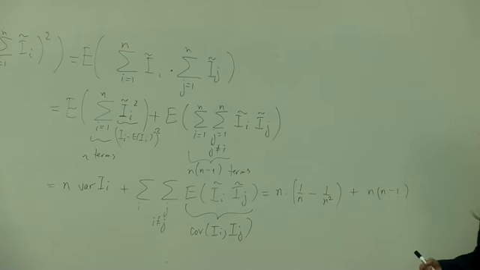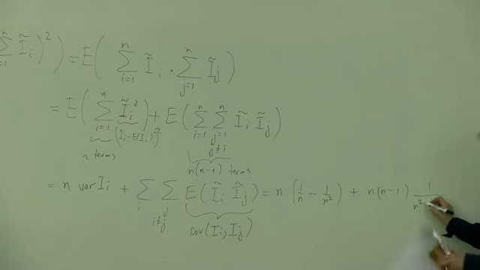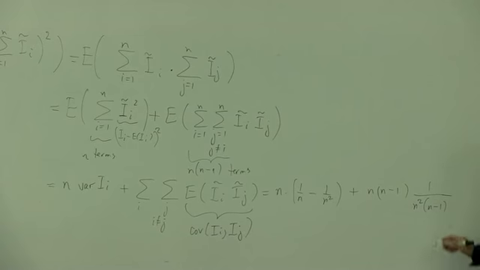The covariance value was equal to 1 over n squared times n minus 1. Let's see. Is that right? Yes. Okay.